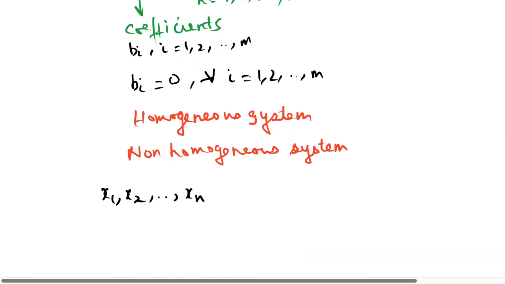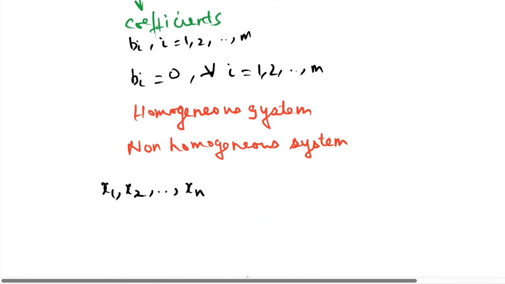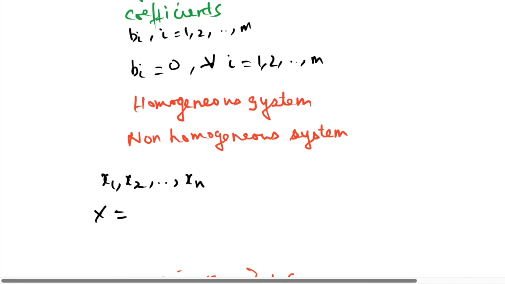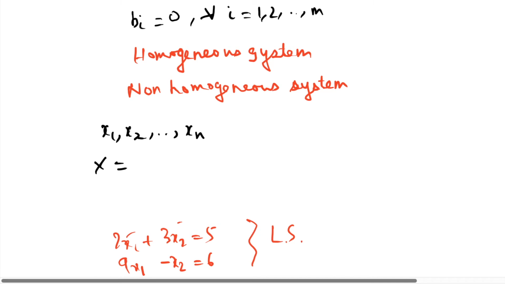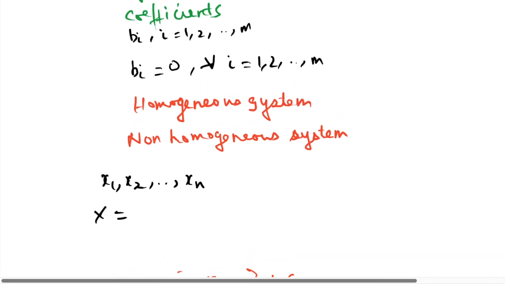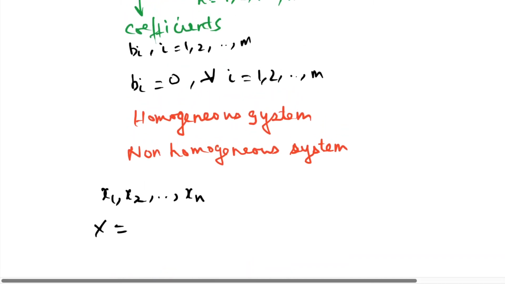All right, and the solution vector is a vector x whose components constitute a solution of the linear system. So x will be equal to x1, x2 till dot dot dot xn.